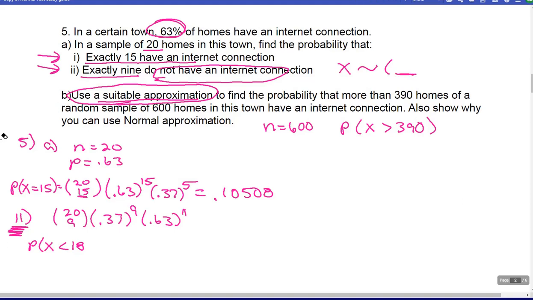The mean and the variance. Okay? If I'm going to do a normal distribution, I need to know the mean and I need to know the variance. How do I find the mean when I have a binomial distribution? You do n times p, right?